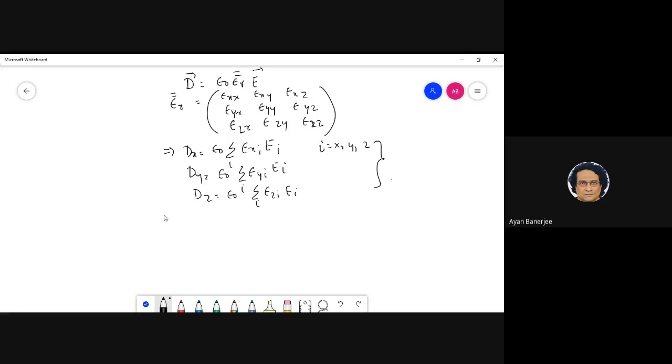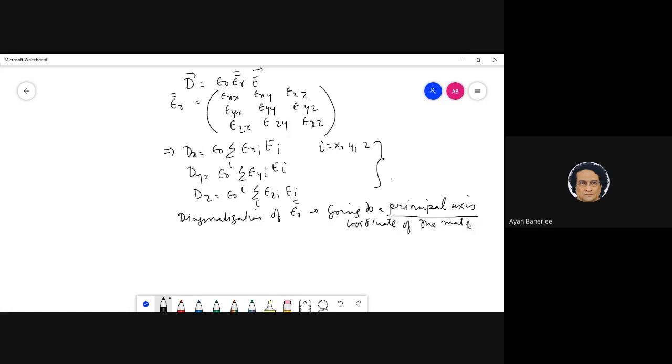But what it actually means in terms of mathematical treatment is where I do a diagonalization of epsilon r, going to a principal axis coordinate of the material.